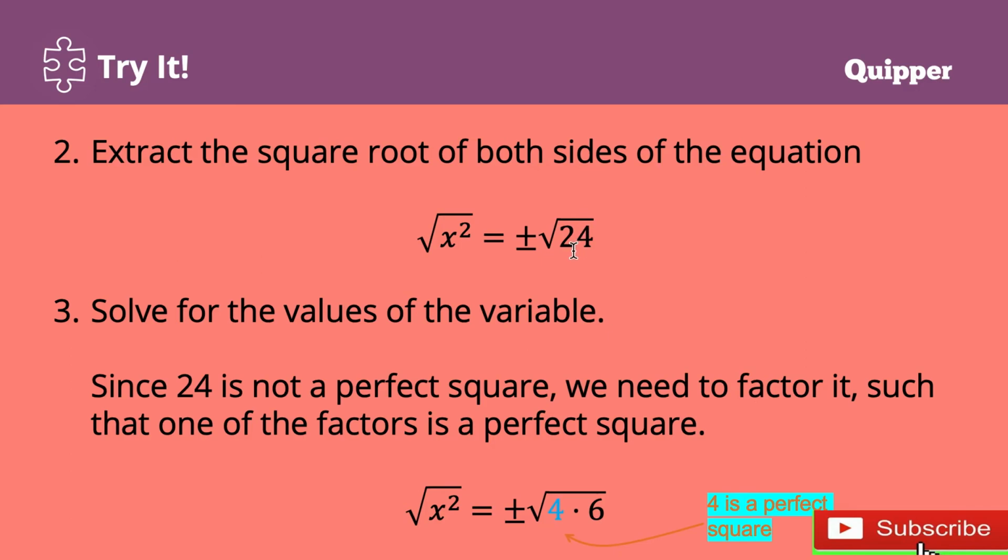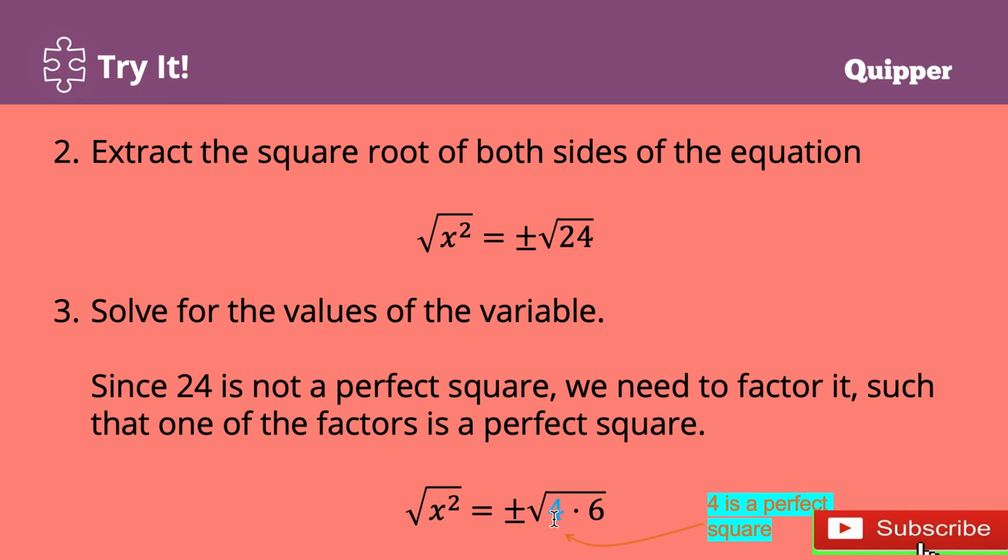So for 24, the factors are 4 times 6. 4 times 6 is 24, and 4 is a perfect square, and 6 is not a perfect square. It's okay as long as there is one factor that is a perfect square.